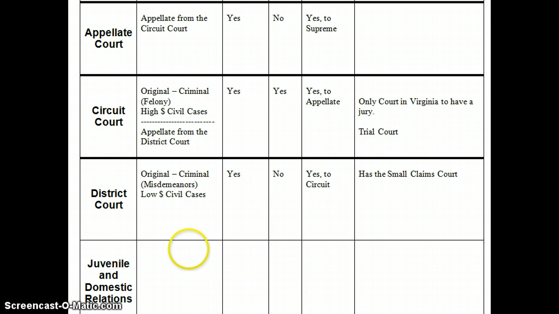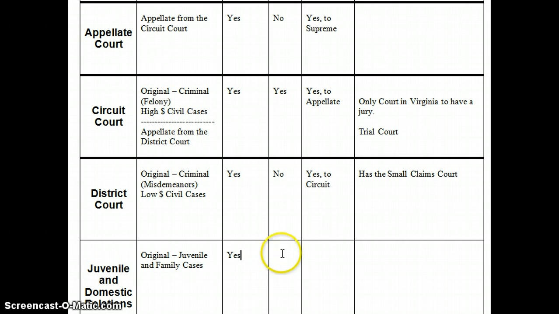Continuing on to the juvenile and domestic relations court, which is part of the district court. It has original jurisdiction with juvenile and family cases. There is a judge, there is not a jury, and it can be appealed to the circuit or to the Supreme Court, depending on the situation.